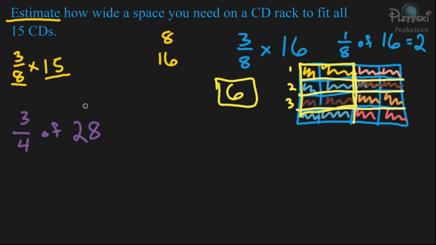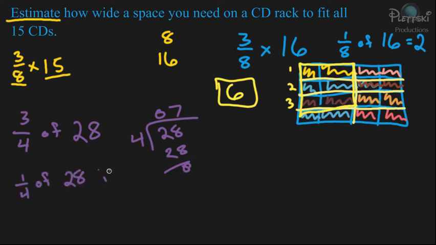So 1/4 of 28, when you take 28 and you divide it by 4, you get 7. 7 times 4 is 28. So 1/4 of 28 is 7.